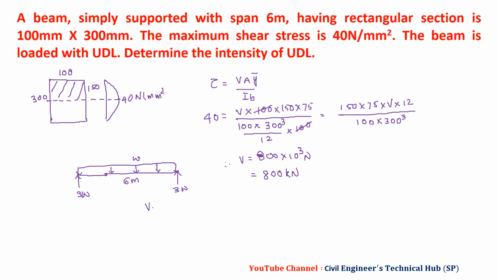And this will be V max, 3W. So equate V equal to 800 equal to 3W. And therefore W is equal to 266.67 kilonewton per meter. We have intensity of UDL.